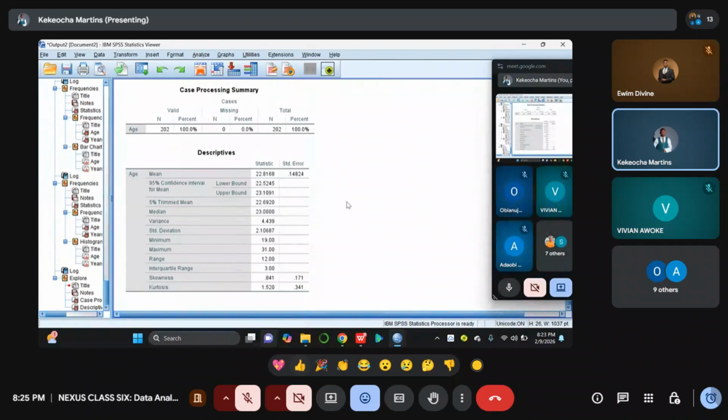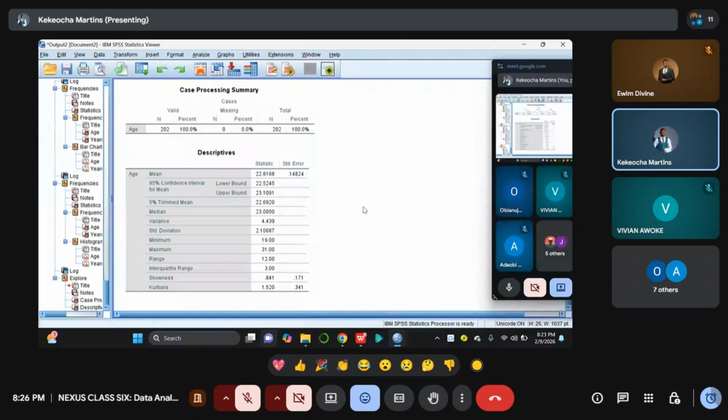95% of our values, this 95% confidence interval for this mean means that, let's say for example that we have 100 students in Gregory University, Abia State, and we took just 10 people and we sampled them, made the research, and we got this mean age to be 22.816.